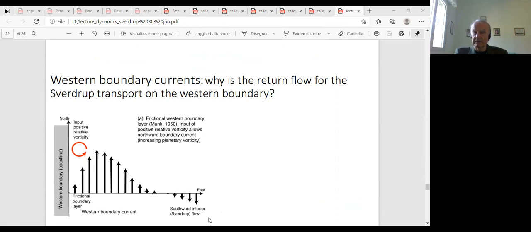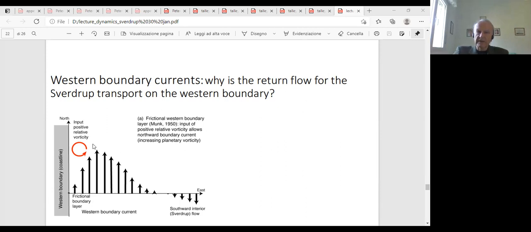This is the Sverdrup flow due to the input of vorticity into the water column. And this is really the return flow, because you cannot have all the flow going southward with no return flow someplace. There should be a compensating northward flow across the ocean.